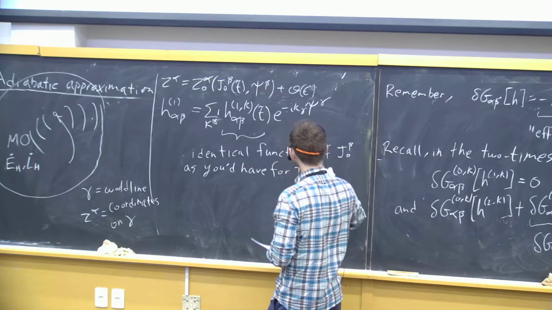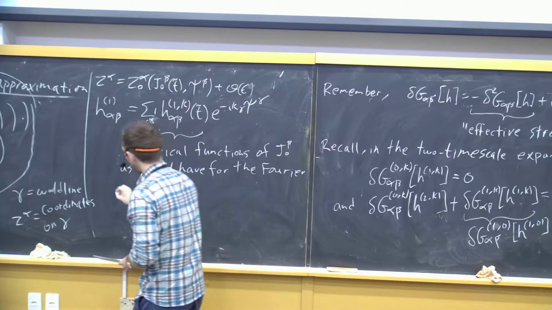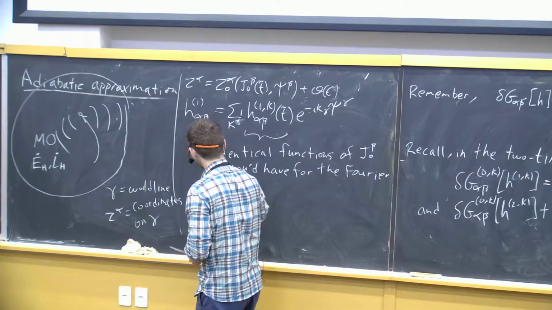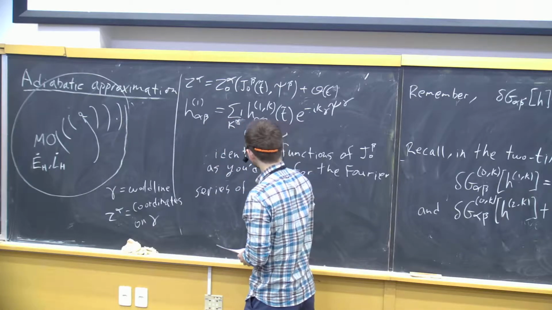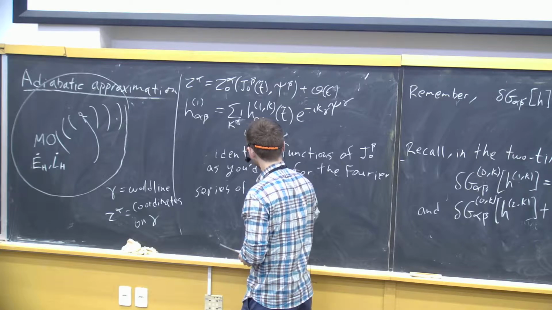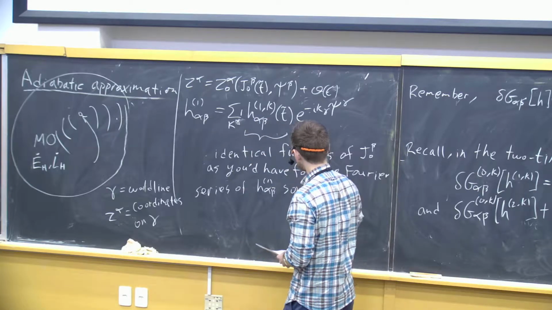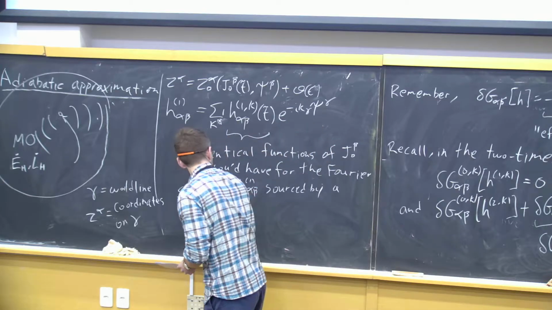These are identical functions of J0 as what you'd have for the Fourier expansion for a series of H1 alpha beta sourced by a geodesic particle.